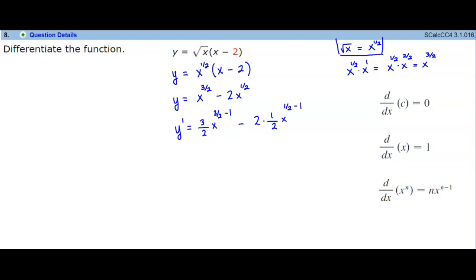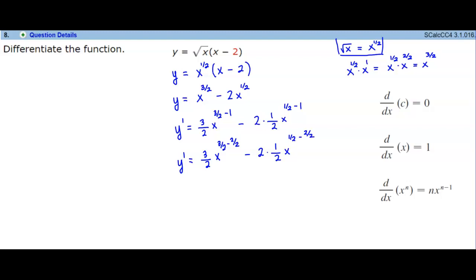Now we have y prime, the derivative, as 3/2 x to the 3/2 minus 2/2, and then minus 2 times 1/2 x to the 1/2 minus 2/2.